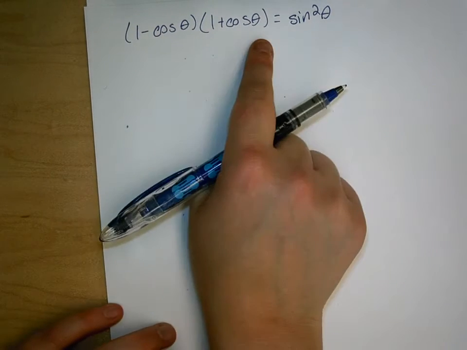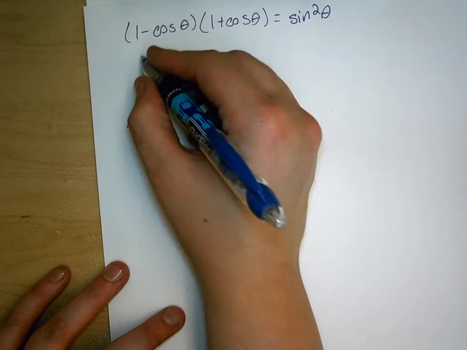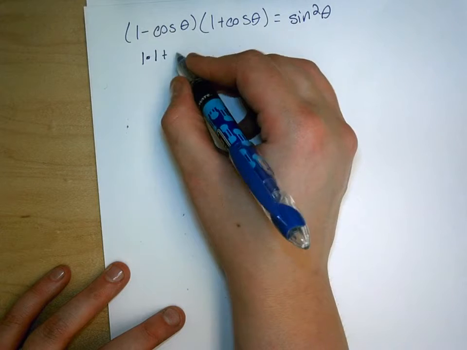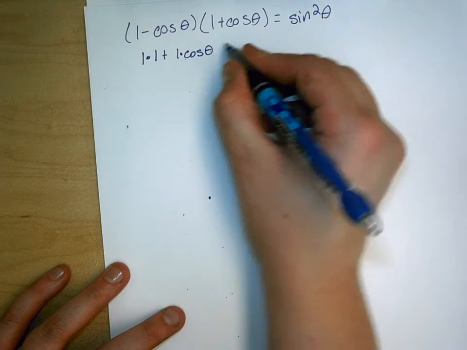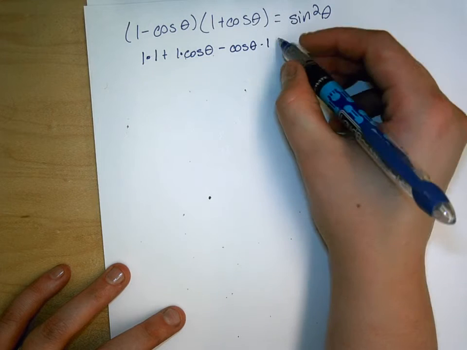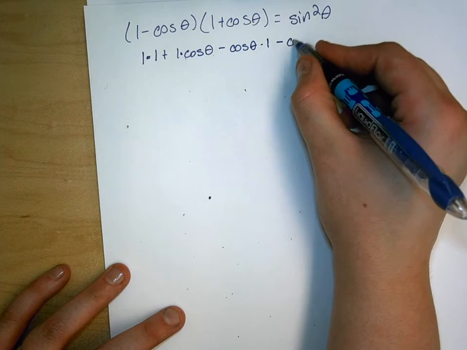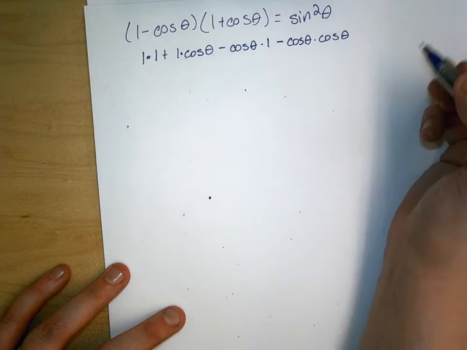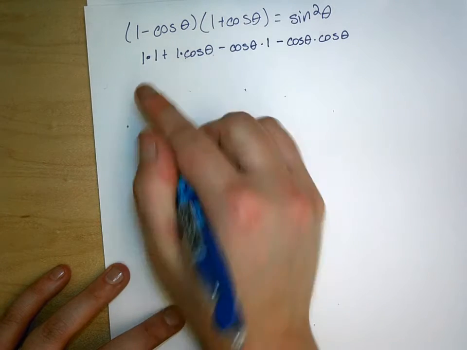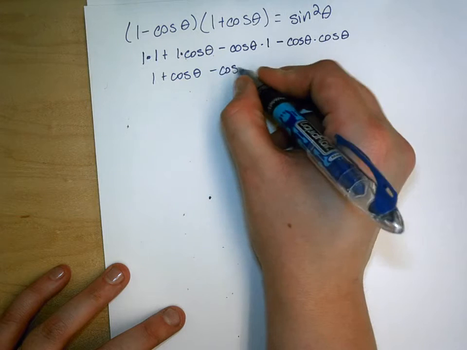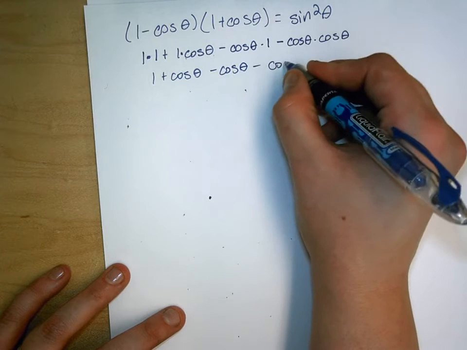Okay, so just like we did with the x, we're going to do 1 times 1 plus 1 times cosine minus cosine times 1 minus cosine times cosine. You don't have to do all these steps. So that's 1 plus cosine theta minus cosine theta minus cosine squared theta.